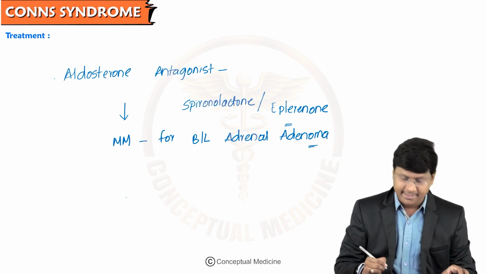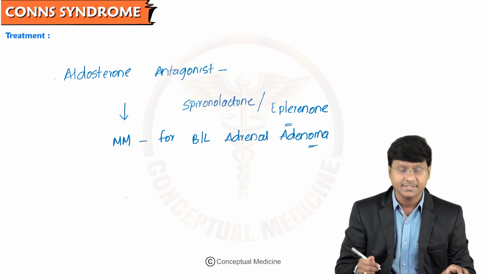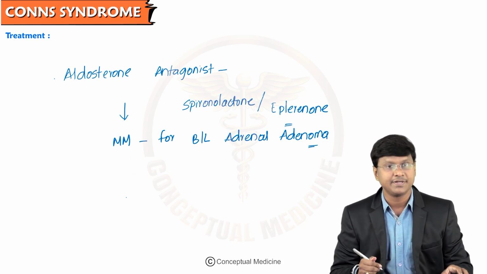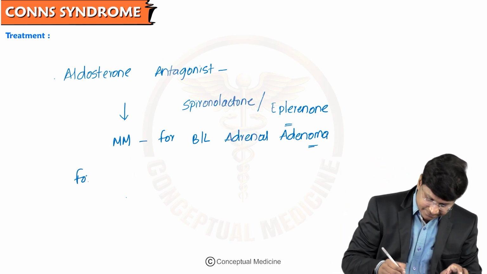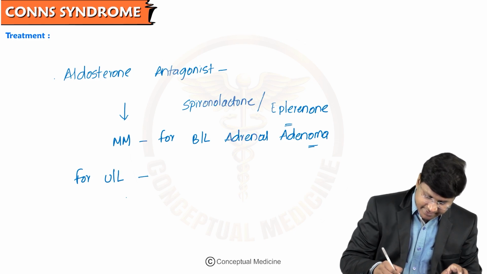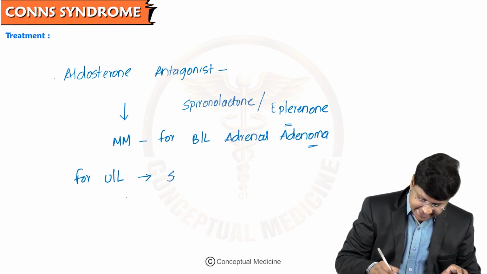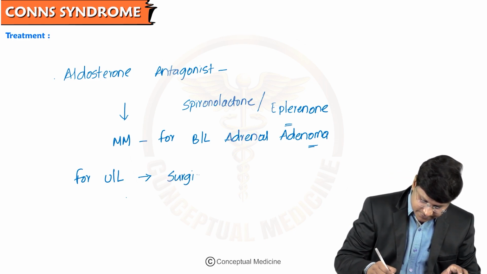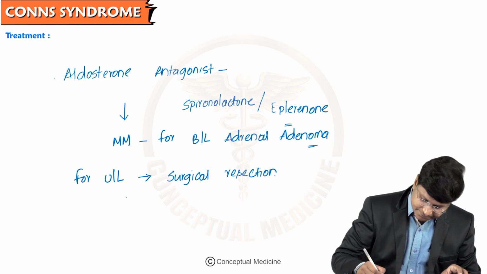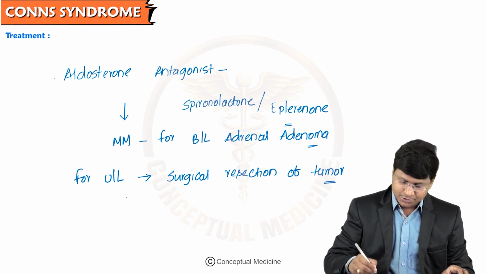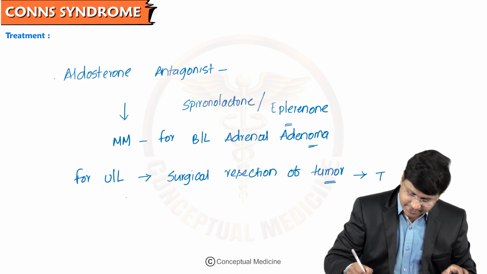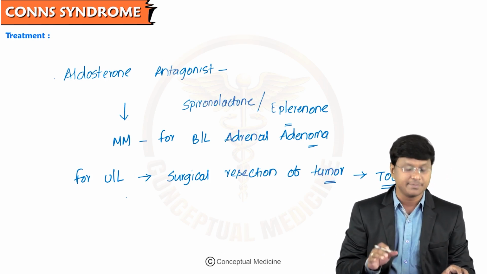For bilateral adrenal adenomas or bilateral adrenal hyperplasia, we give spironolactone or eplerenone. But for unilateral adrenal adenomas, surgical resection of the tumor is the treatment of choice.